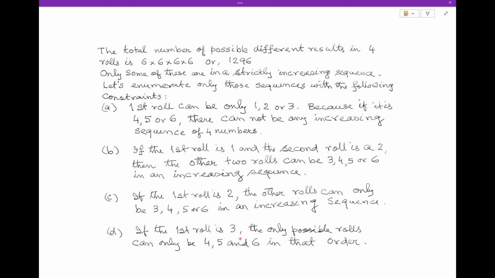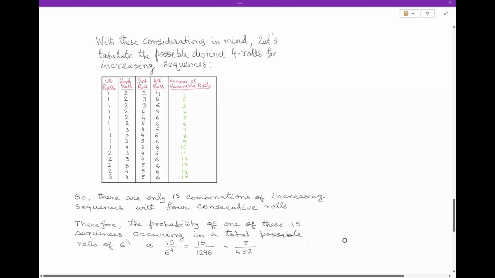If the first roll is 3, the only possible rolls can be 4, 5, and 6 in that order. With these considerations in mind, let's tabulate the possible distinct 4 rolls for increasing sequences.